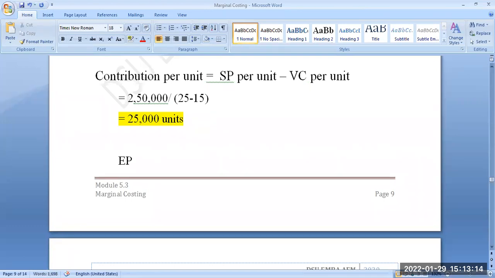Break-even point in rupees is equal to 25,000 into 25. What is the selling price? 25 rupees. 25,000 units into 25 is going to be 6 lakhs. This is the break-even point in rupees of sales. Okay, this is break-even sales in units.